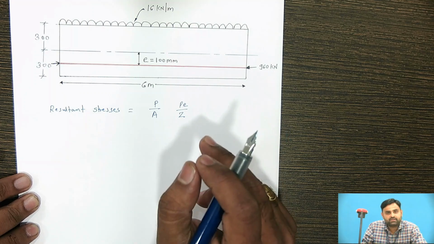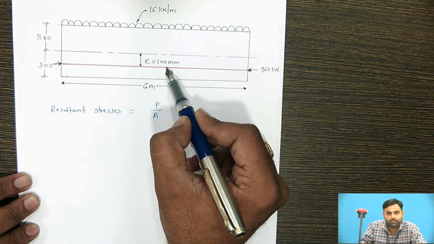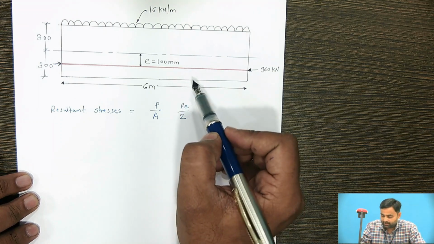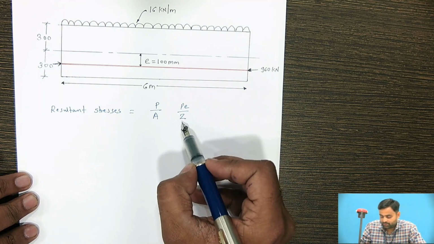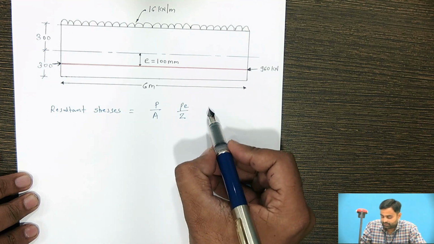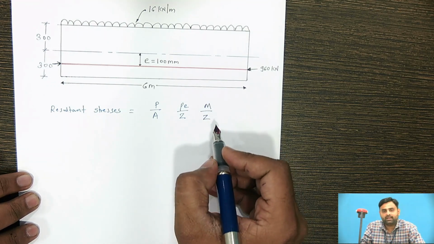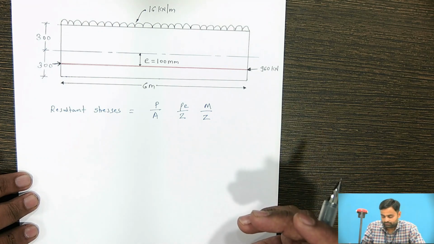The bending moment is generated due to this eccentricity, where e is equal to 100 mm. Due to this bending moment, stress is developed in the section. So P e by Z is the stress due to the eccentricity, and then M by Z is the bending stress due to the dead load and live load.